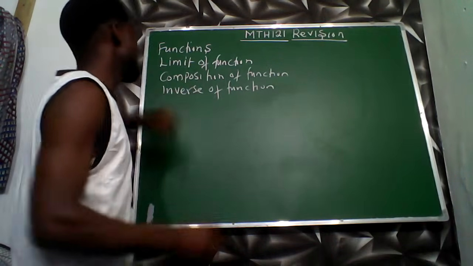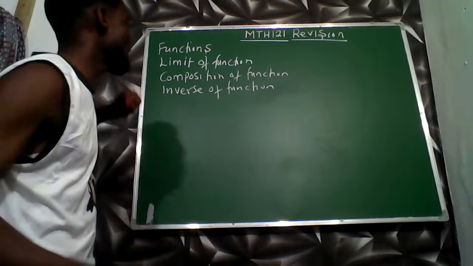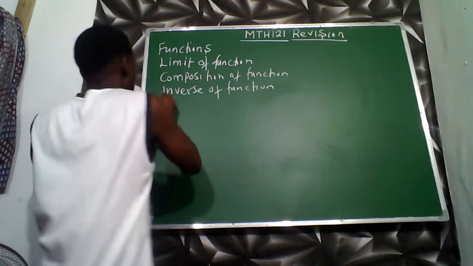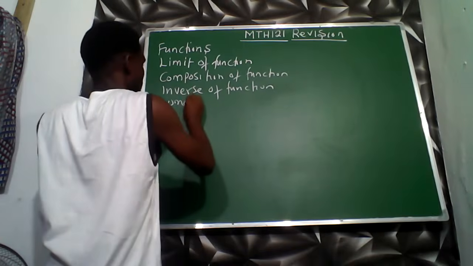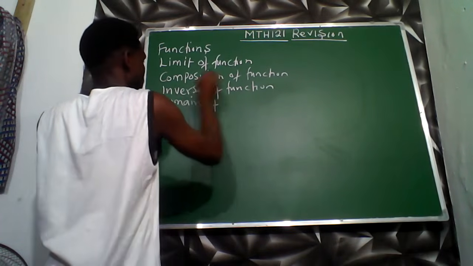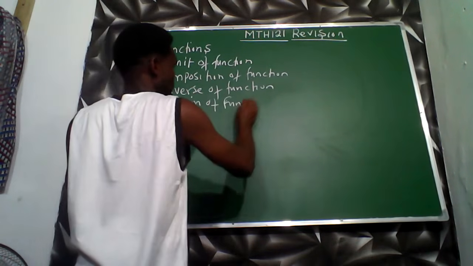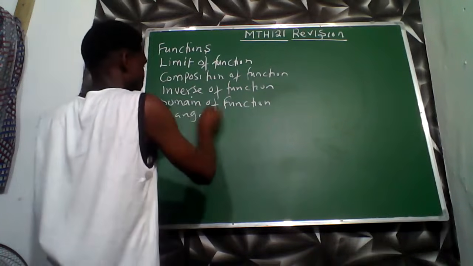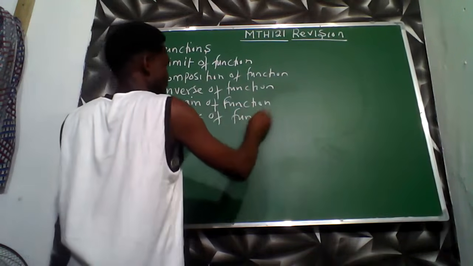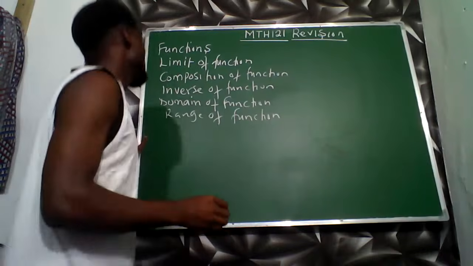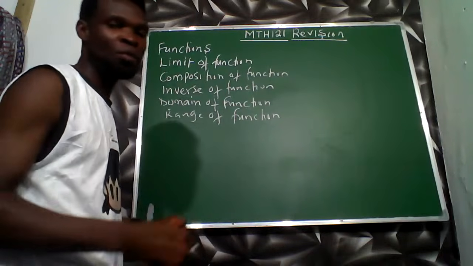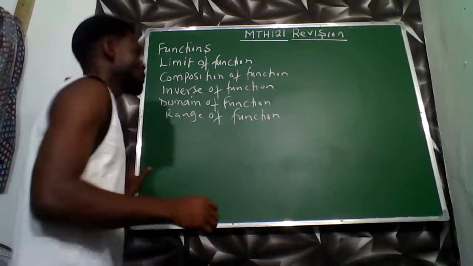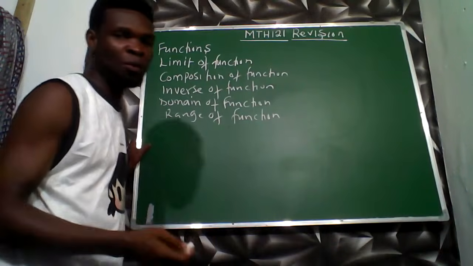Okay, so we talked about limit of function, composition of function, and then inverse of function. And then you also talked about domain of function, and then range of function. We talked about domain of function, range of function, and then we finish from there. We now move to derivative of function.